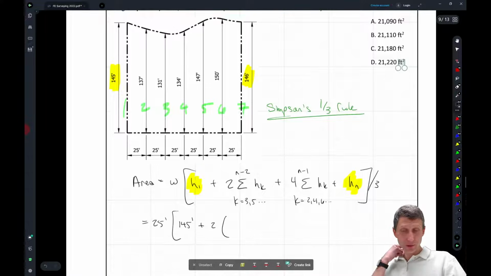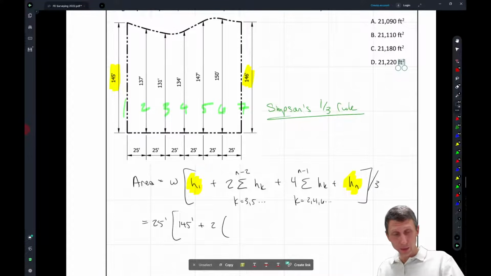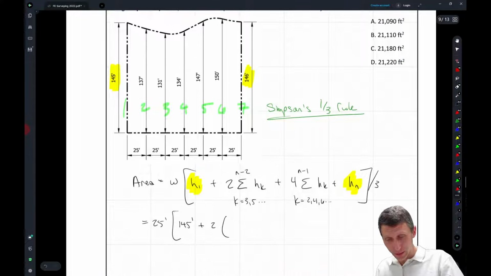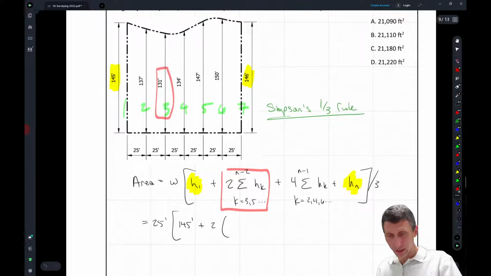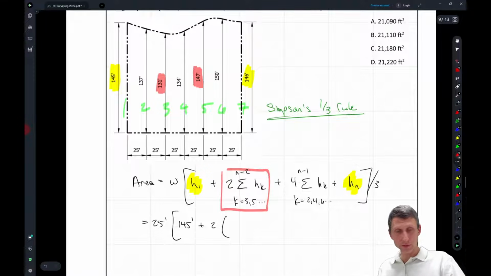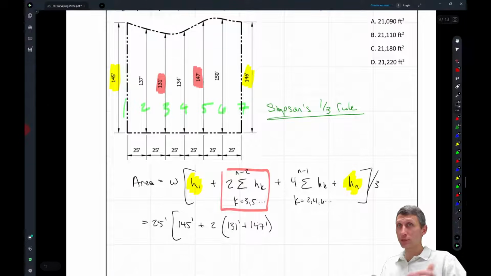We have to figure out what to add in. We're going to add in the 3 value, and the 5 value, and the 7 value goes to the next side. So we're going to add in 131 feet and 147 feet. We're just taking the odd ones, not including the start and the end.